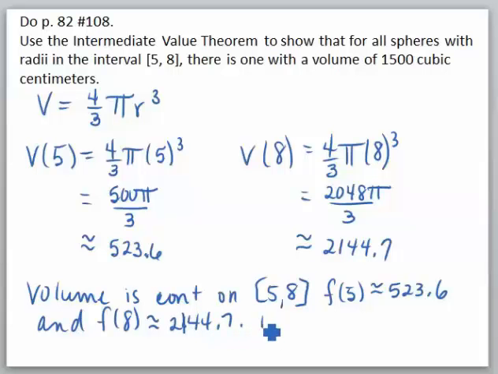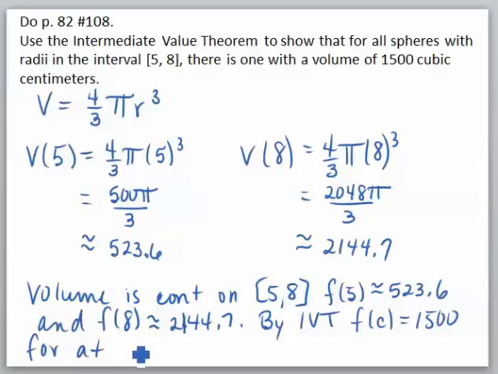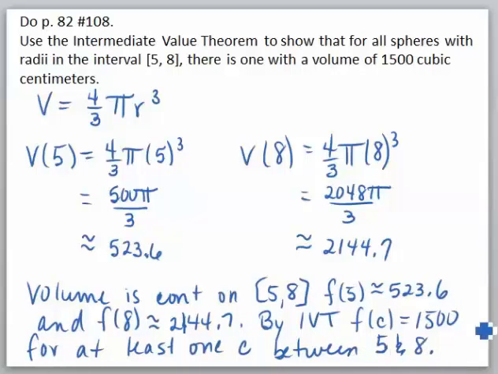And then we can go on to say then by IVT, there's at least one f of c that equals 1,500 for at least one c between 5 and 8. Really all I'm doing is restating the intermediate value theorem anytime I'm using it.